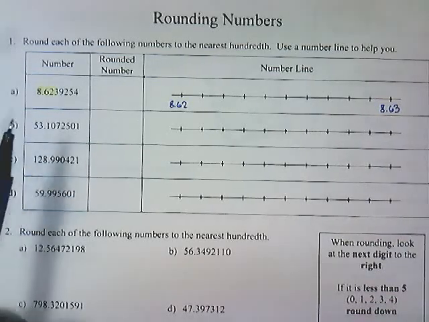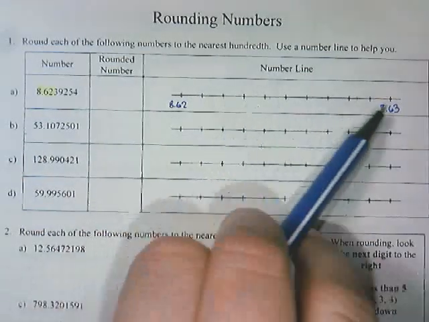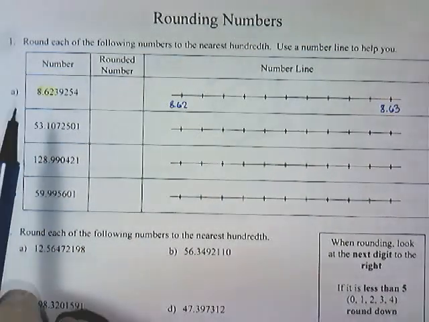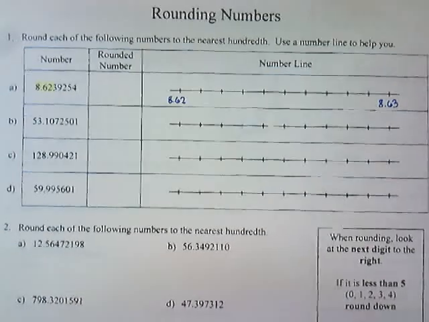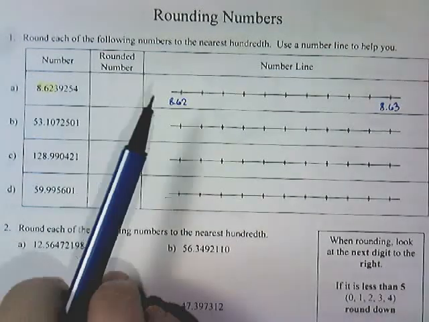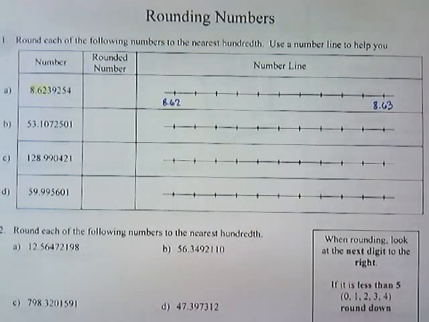What we're going to do is see if we can locate roughly on the number line where 8.6239254 would be. So on this first one, I am going to mark on the numbers so that you know where they are.